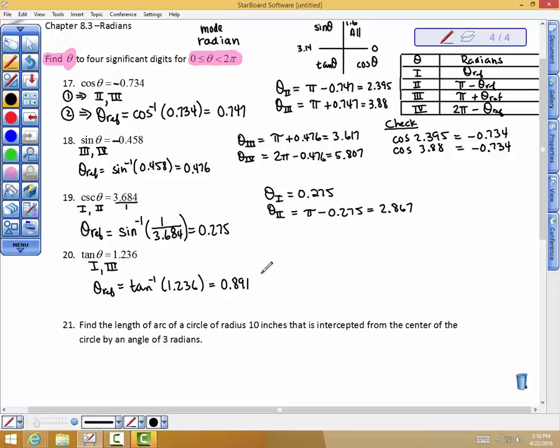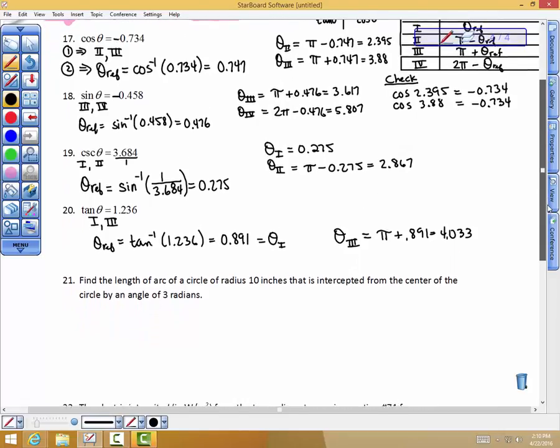This is my answer for the first quadrant angle, and my third quadrant angle, where tangent is positive, is going to be pi plus that 0.891, and I get 4.033.